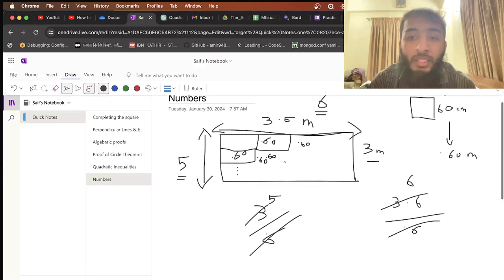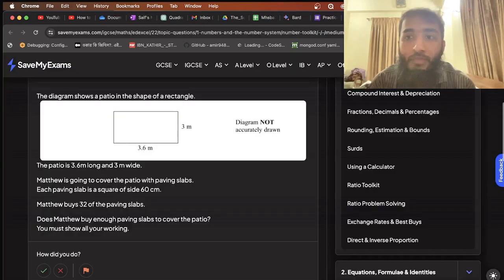So how many can fill the rectangle? 6 multiplied by 5, which is 30. So 30 paving slabs can fill the rectangle. And what was the number that he bought? 32.